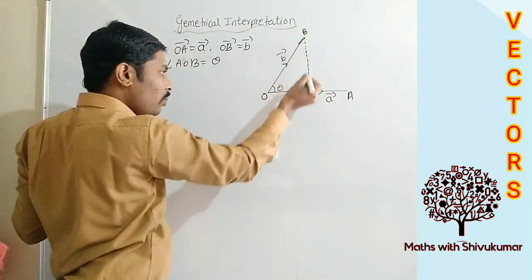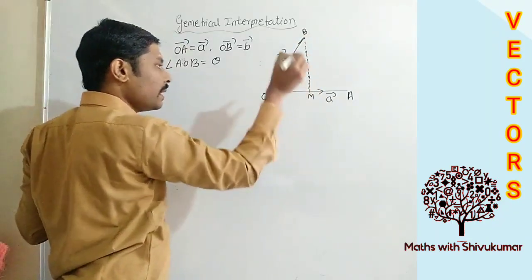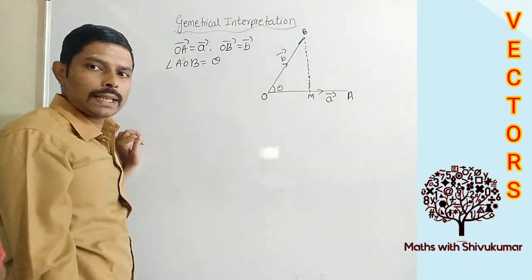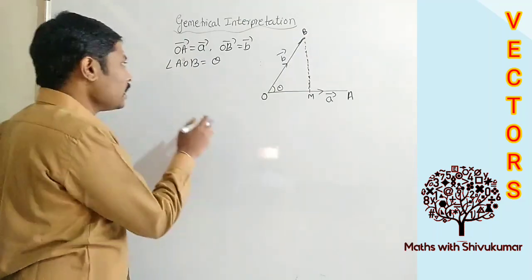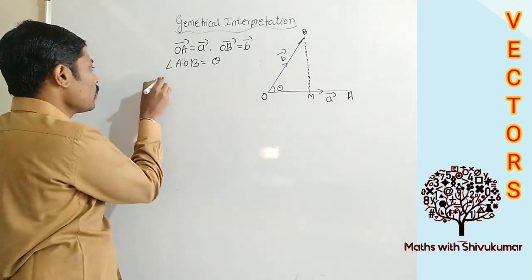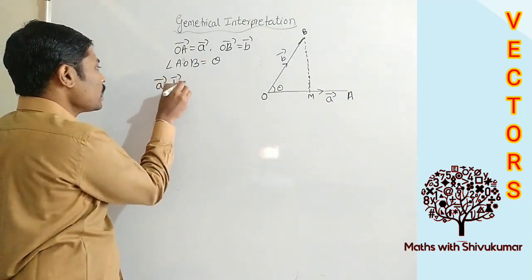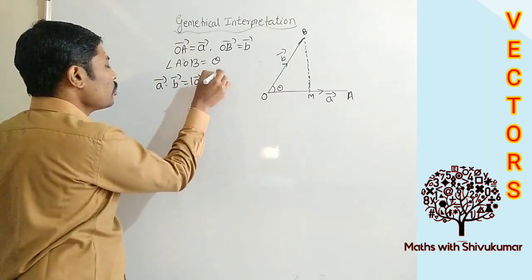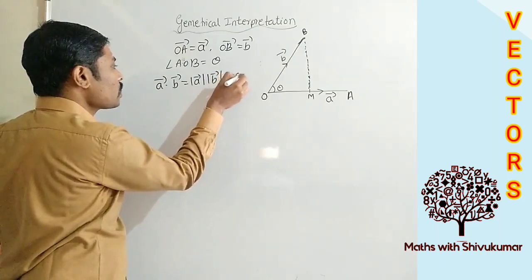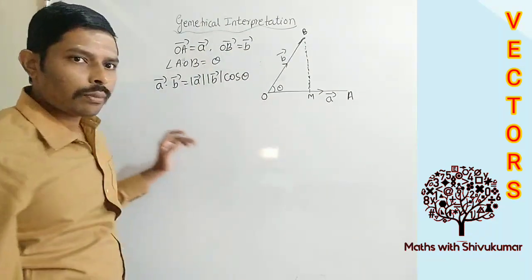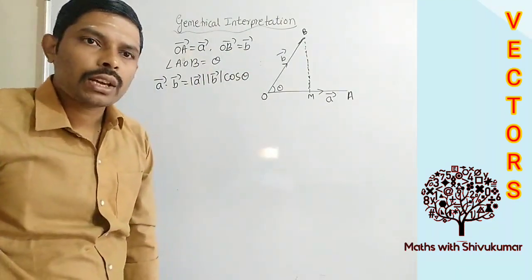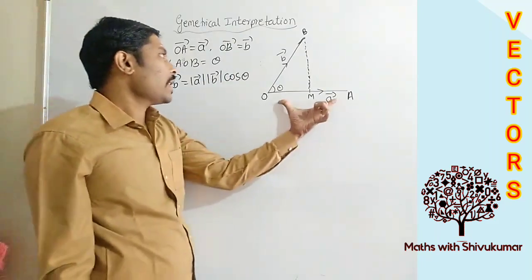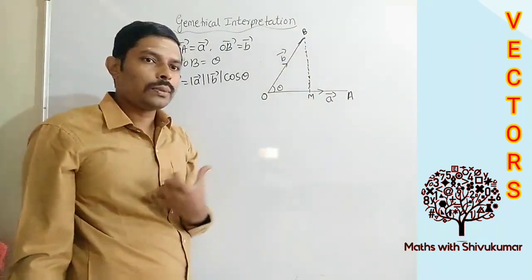I will consider one perpendicular here, and call the foot M. We have seen the definition of the dot product: A dot B equals magnitude of A, magnitude of B, cos theta.